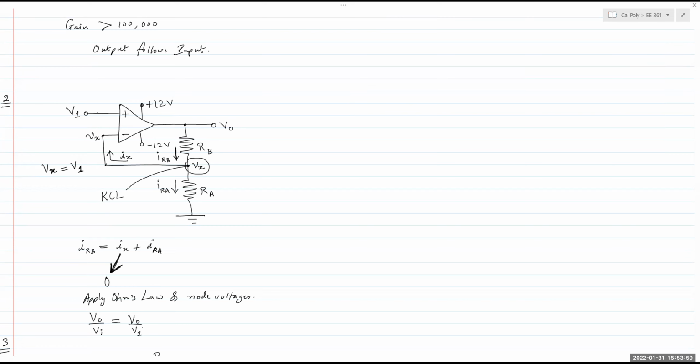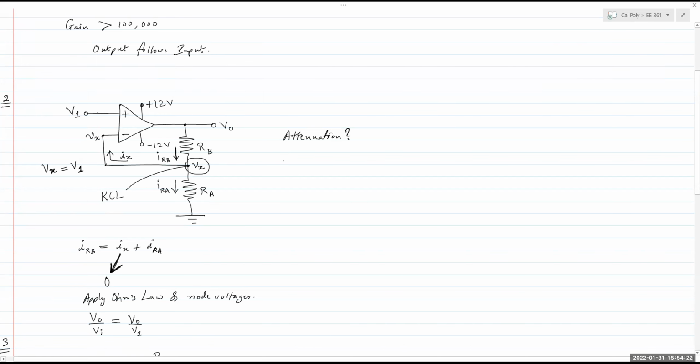The second part of the question is, can this op amp circuit attenuate a signal? Attenuation is of course reduction. So once you have that equation, you'd be able to answer whether this can work as an attenuator or not. Okay, why or why not?